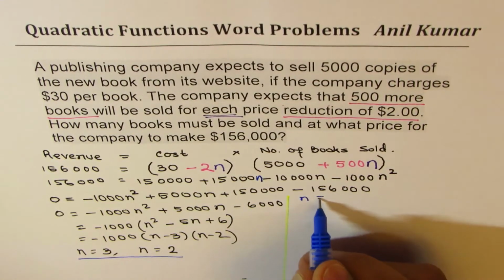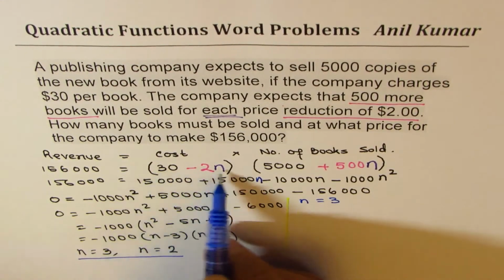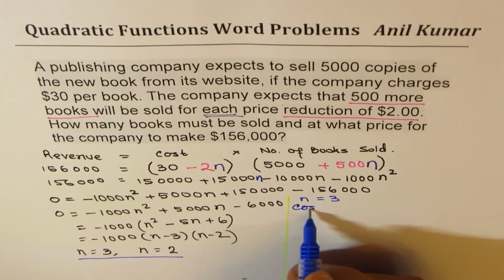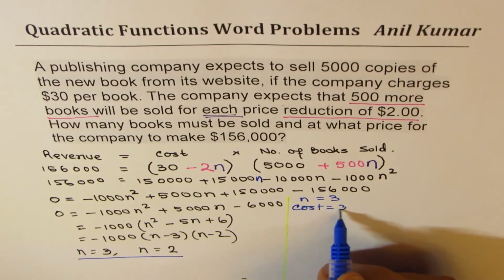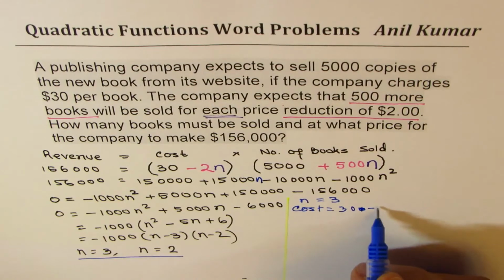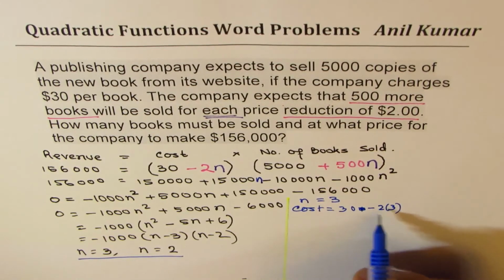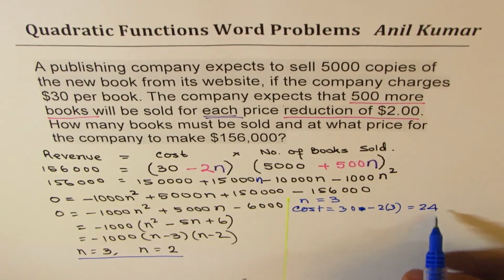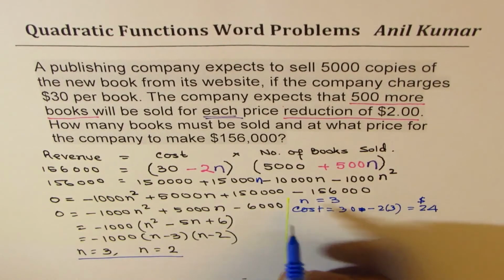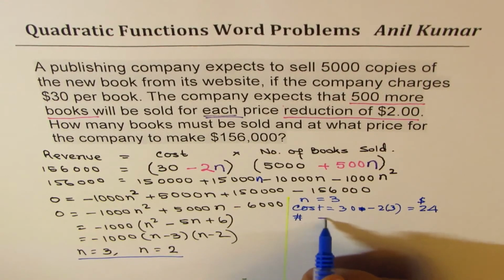So if n equals to 3, in that case, what is the cost? Cost will be 30 plus, minus 2 times 3, which is 6, which is $24, right? In dollars. And the number of books sold will be how many?